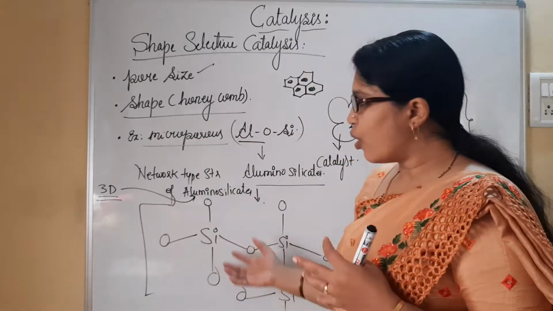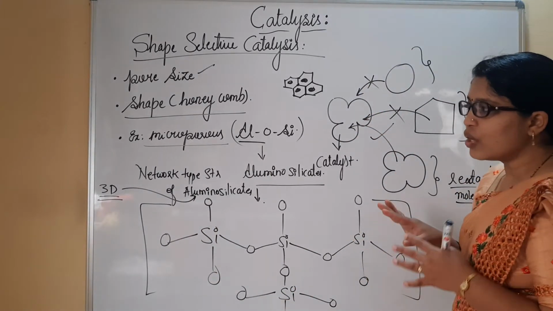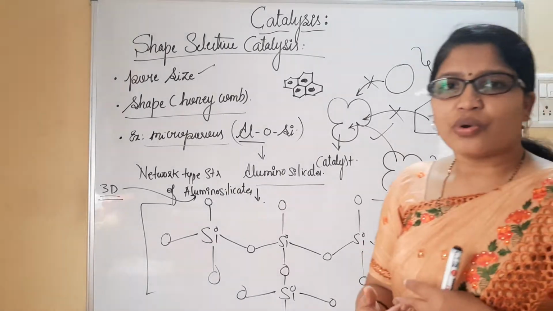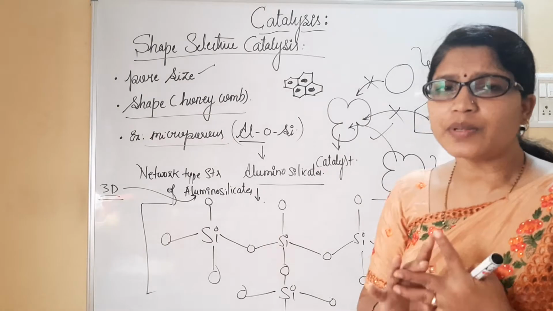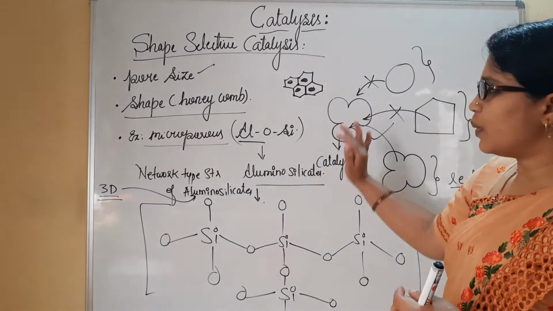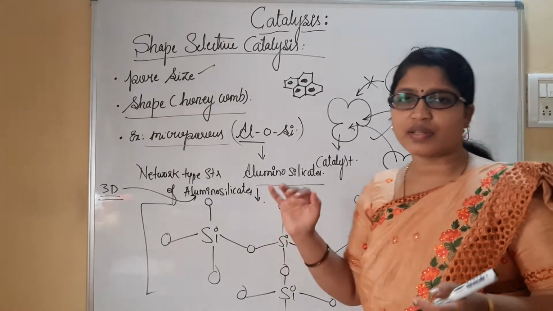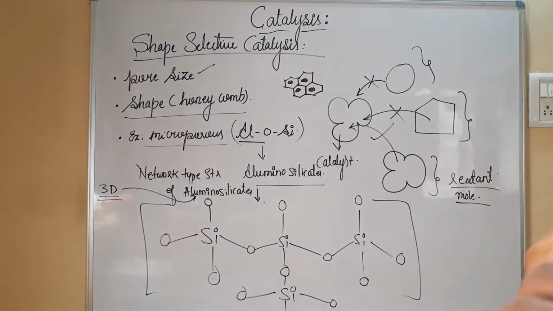I have written the three-dimensional view of aluminosilicates here. It is a kind of linkage present in aluminosilicates, which are the main example for shape selective catalysis. So please do copy this. I will tell you the applications of such catalysis reactions. Do copy this.